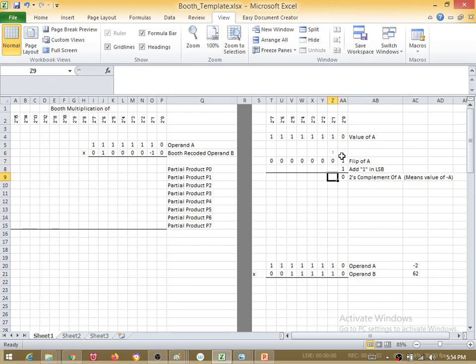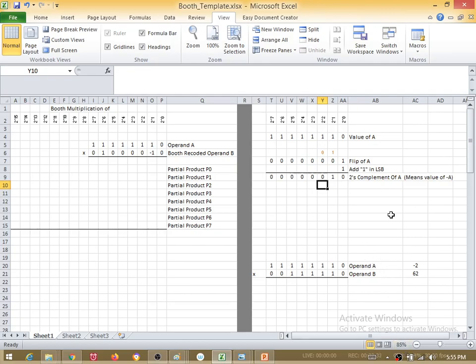Then 1 plus 0 is going to give me a 0 and a 1. Obviously the remaining bits get added with a 0, so I end up with zeros. So now I know that this is the representation of A, and obviously its value is minus 2, and this is the representation of minus A, which is effectively the representation of positive 2, which is obvious. 1 0 is equal to a 2.